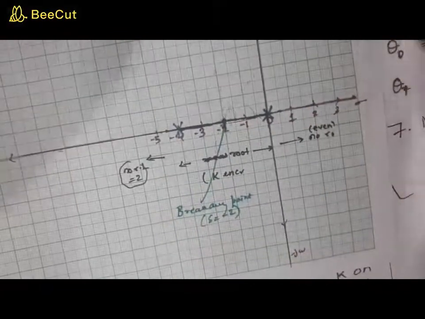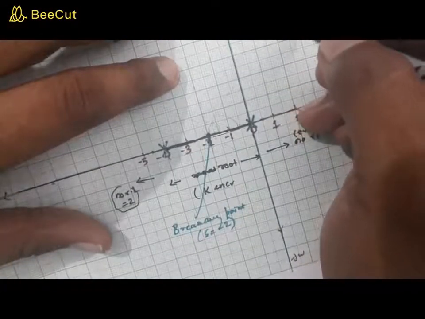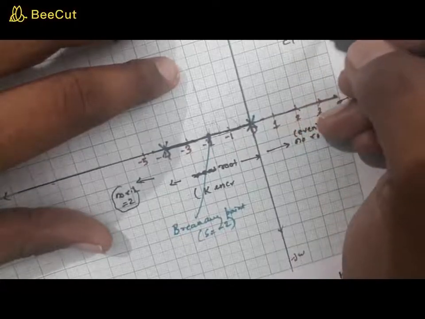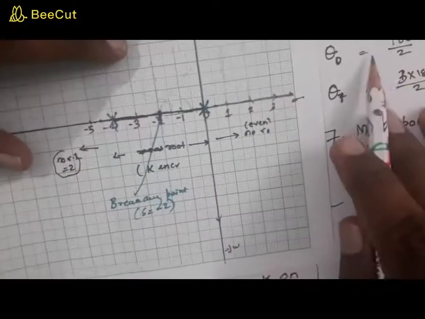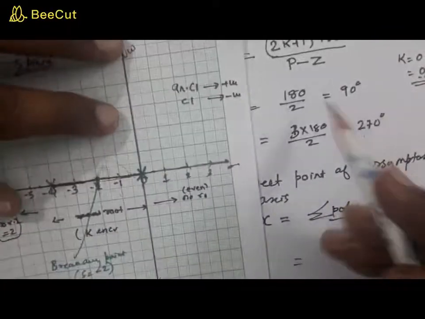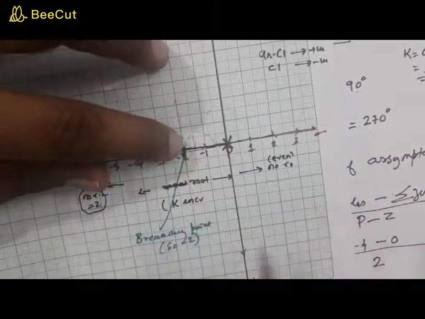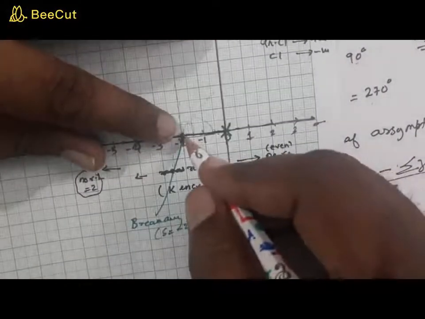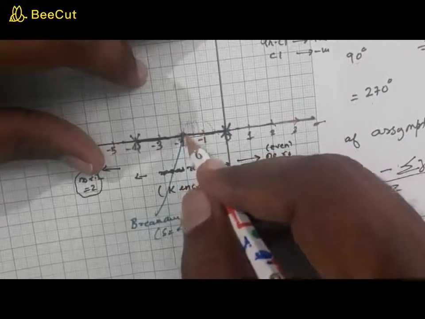Do remember, the anti-clockwise direction is taken as positive angle. The clockwise direction is taken as negative angle. So in this case, we have seen that theta 0 is 90. With respect to this point, because this is the intersection point of that asymptote, plus 90 will be in this way. So this is it, right?